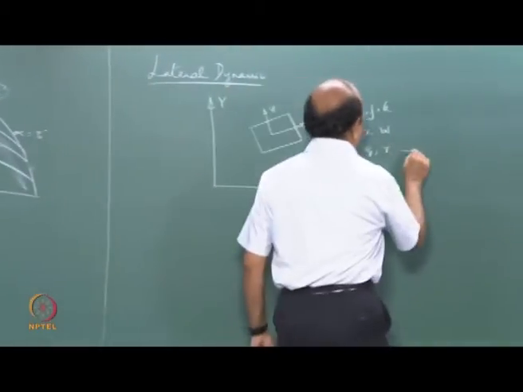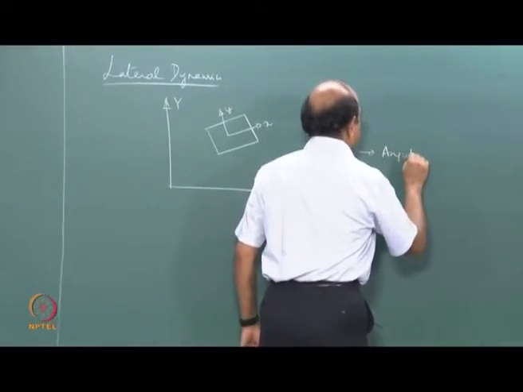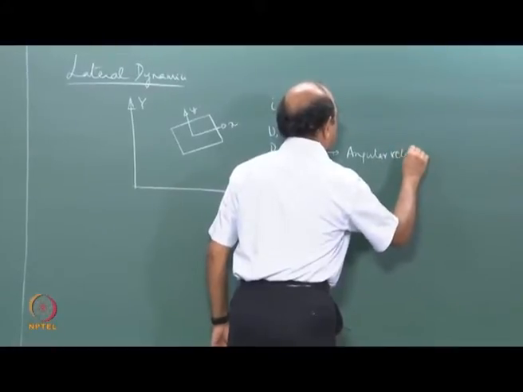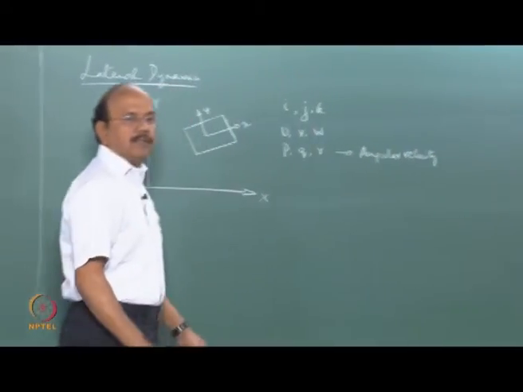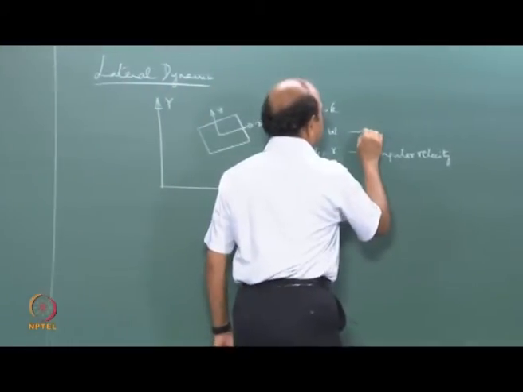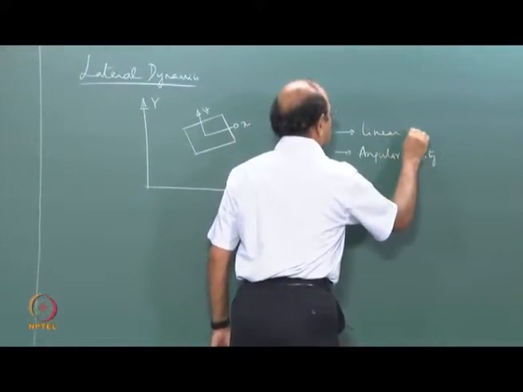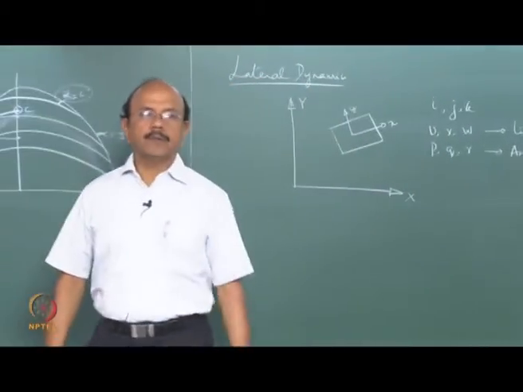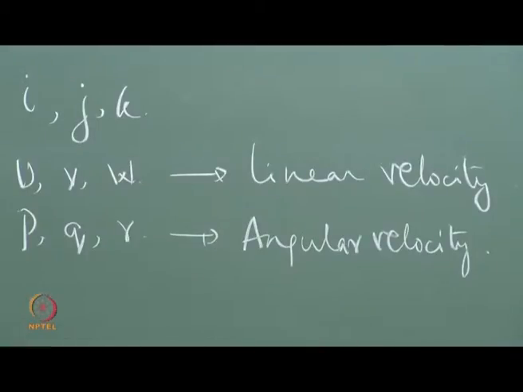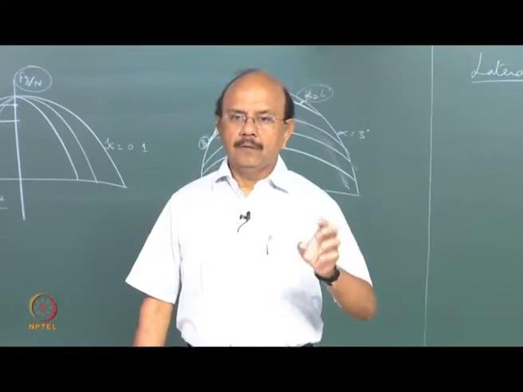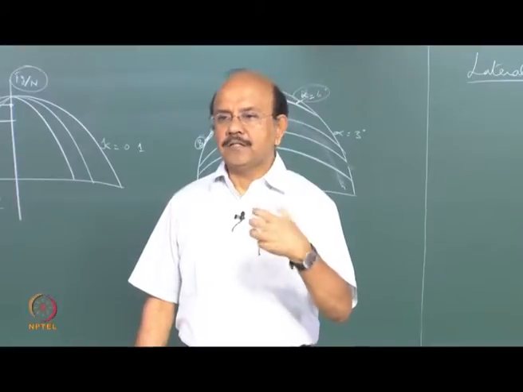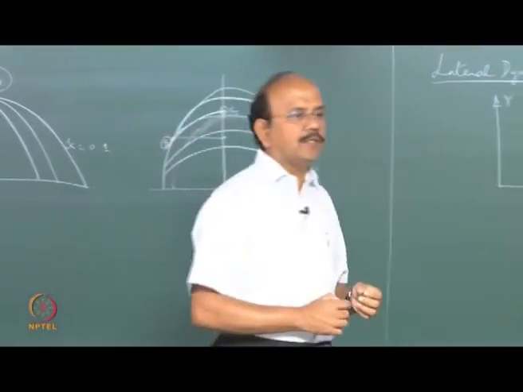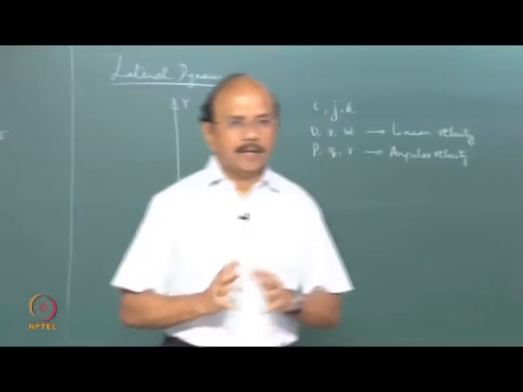So this is the rotational velocity, and u, v, w is the linear velocity of the vehicle. In simple terms, what is p? P is nothing but the roll, q is the pitch, and r is the yaw of the vehicle. Okay? So we call this as p, q, and r.